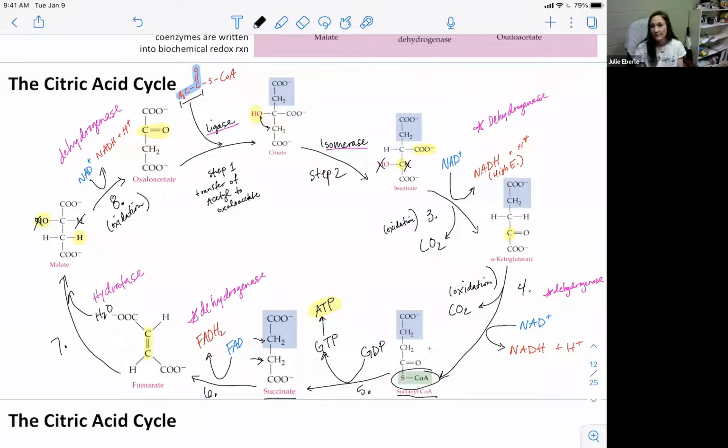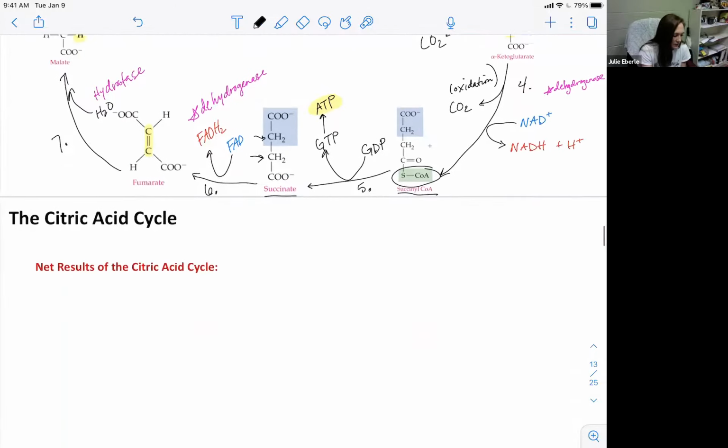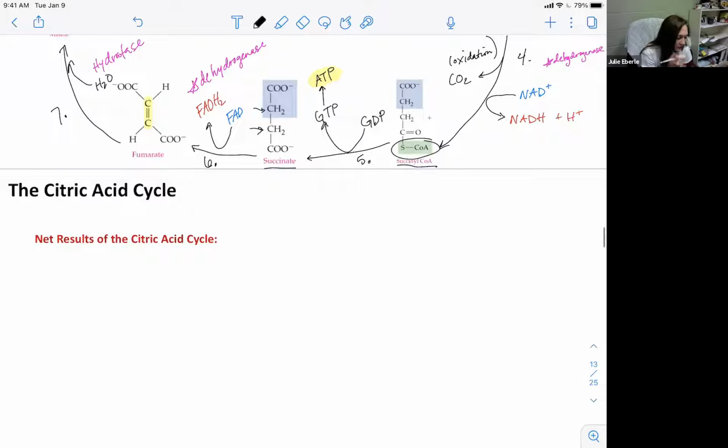That's a lot. Okay. So I want to pull out, again, I don't want you to memorize everything on this slide. That's not what I'm asking for. But let's go to the next slide and summarize the things that we think are most important to know here. So what is the net result of the citric acid cycle? What are the most important things to know? Number 1, the reduction of coenzymes.